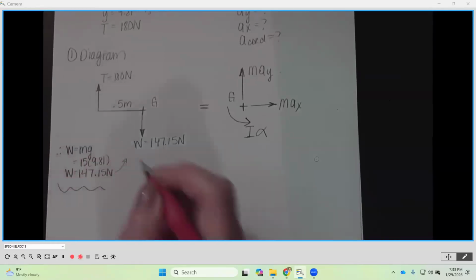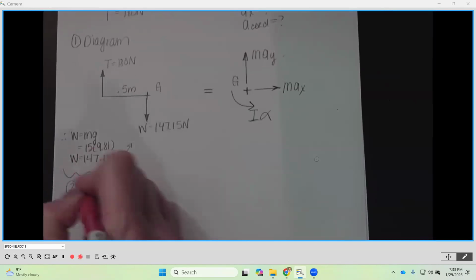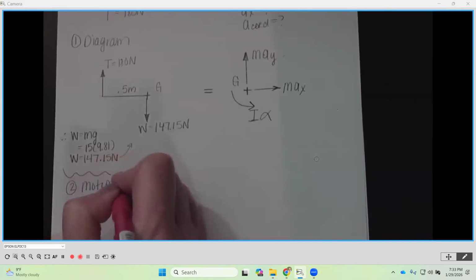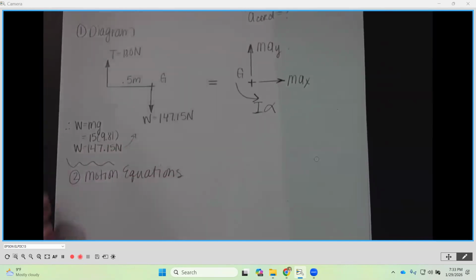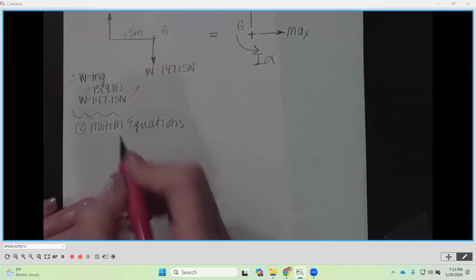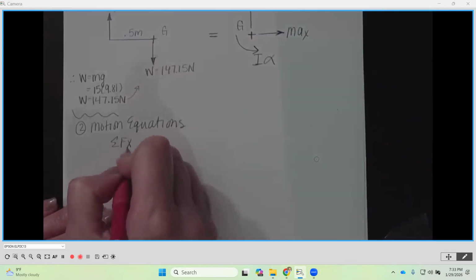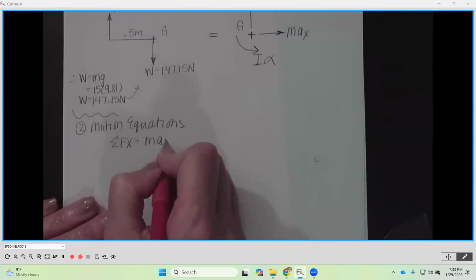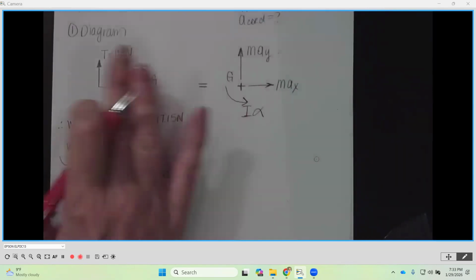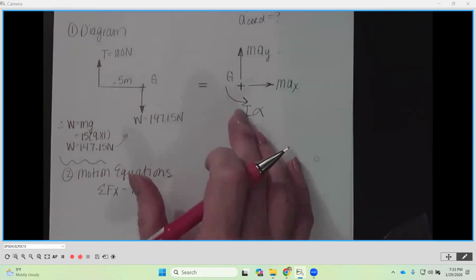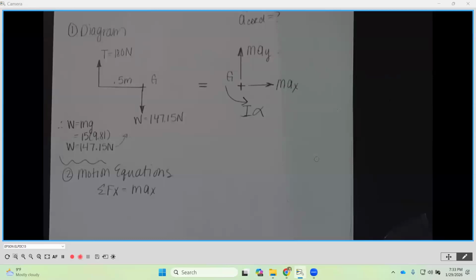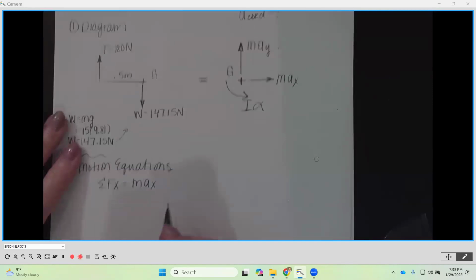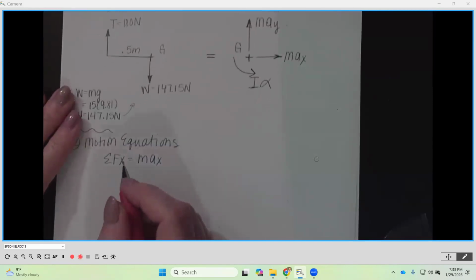All right. So now that we have our diagrams done, our step number 2 is going to be our motion equations. We've always got 3. So we're going to sum our forces in the x equals mass times acceleration in the x. So sum the forces in the x on this side is equal to m times ax. What are we going to write for sum of the forces on this side? There are no forces in the x direction.